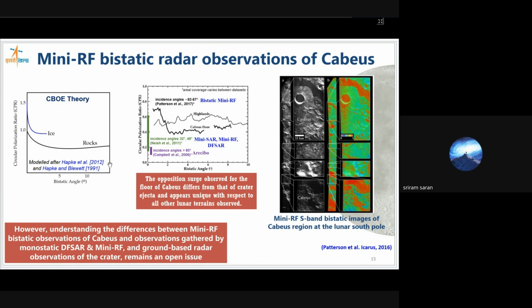So this is still an open issue, that why only bistatic observations have predicted water ice in the Cabeus and not the monostatic observations carried out using ground-based as well as spacecraft-based radars.